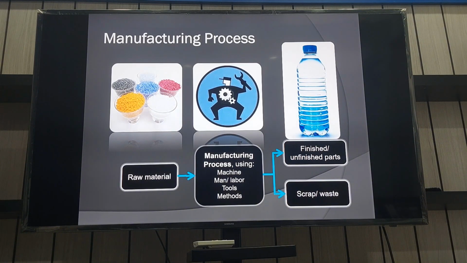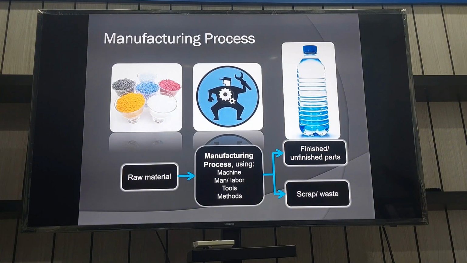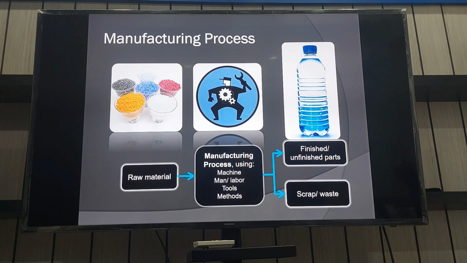Maybe you have heard about the 5Ms? Yes, 5Ms. Material, man, machine, money, method. Okay. So material is one of these five inputs. Input to where the manufacturing process is a process to transform raw material into finished or unfinished parts.